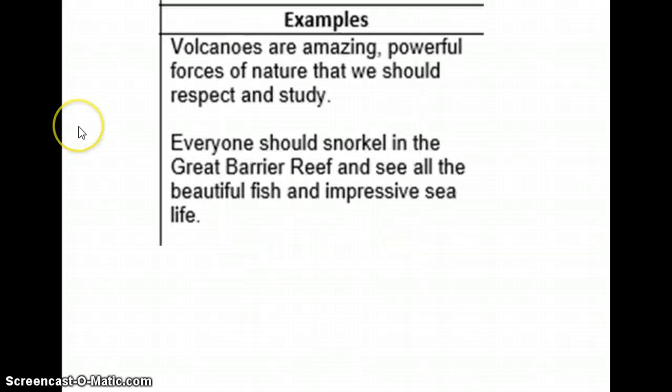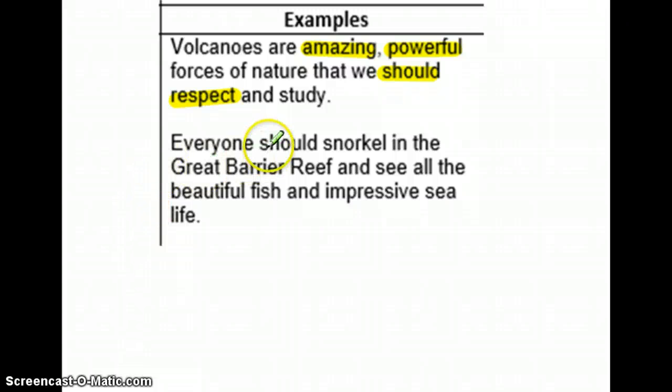An example of that. We have some words here that we're going to highlight that are positive in their tone. It says volcanoes are amazing, powerful forces of nature that we should respect and study. Those are not things that I can prove. Those are not facts. They're opinion words. They show a biased tone towards volcanoes or complimenting volcanoes.